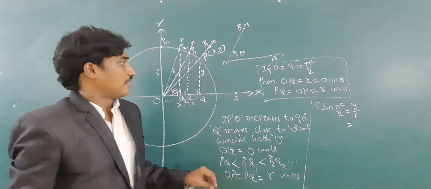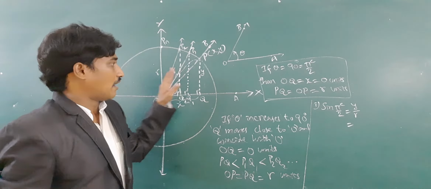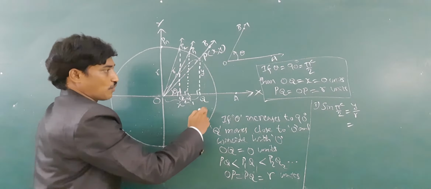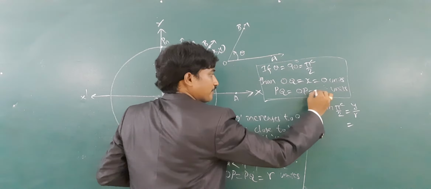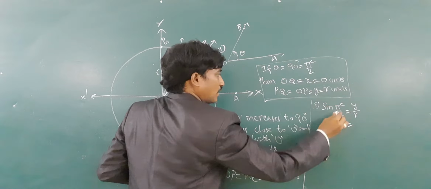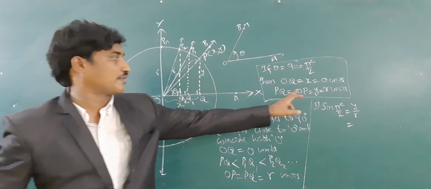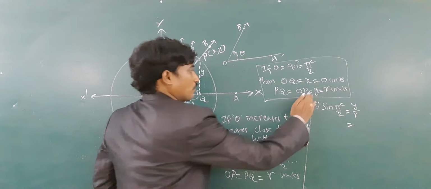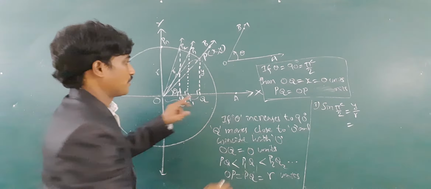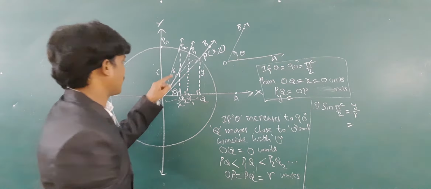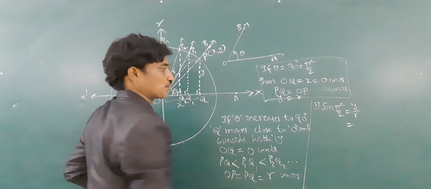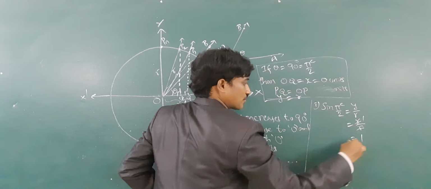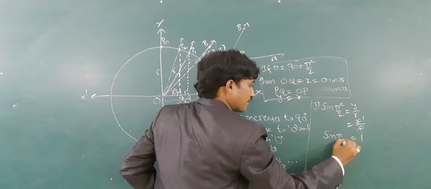Here PQ is nothing but y, OP is nothing but r, so y equals r. R by r cancels, so sine pi by 2 radian is 1.